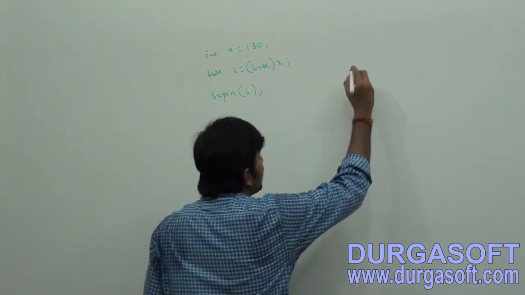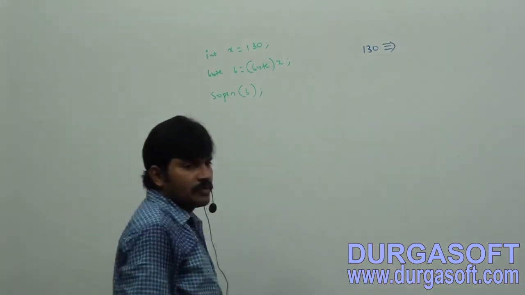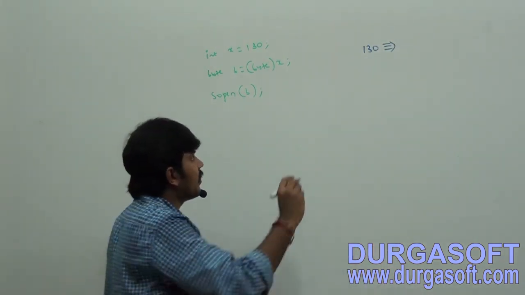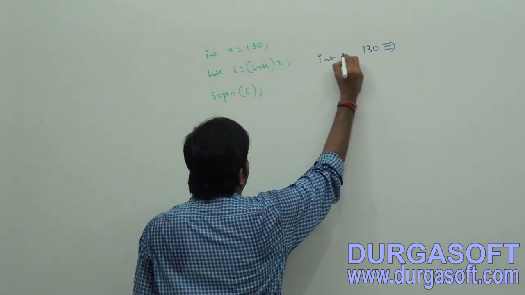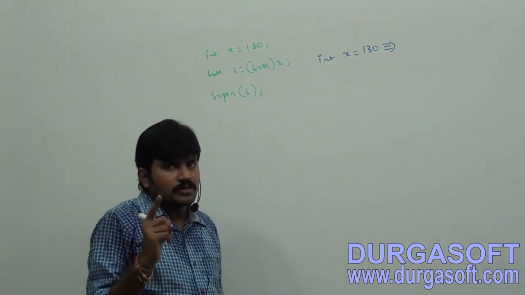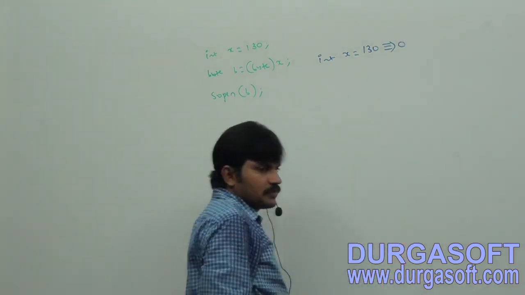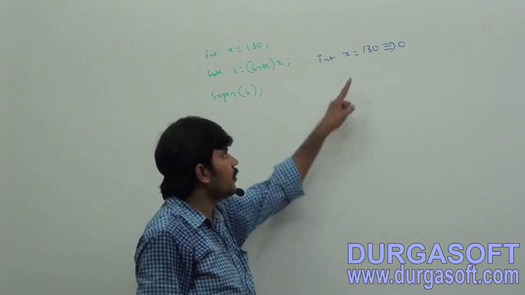Sir, how can we represent 130 internally? How many bytes is it? 4 bytes, a 32-bit value. Is it a positive number or a negative number? Positive. That's why the sign bit is 0.